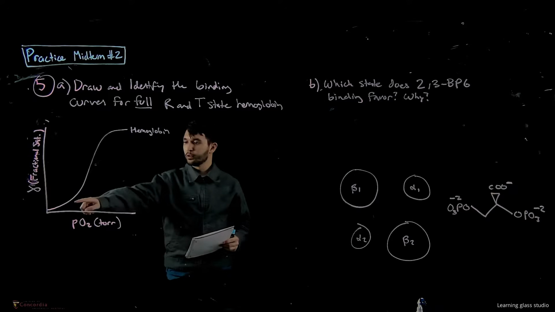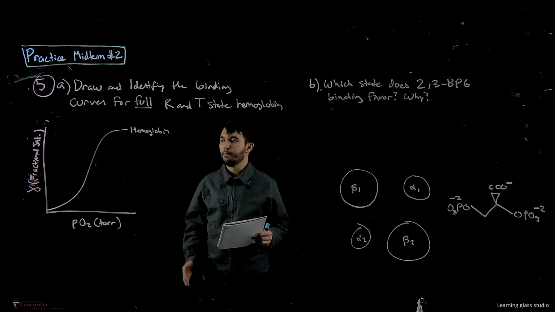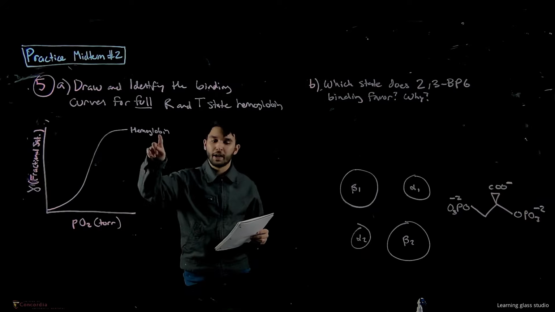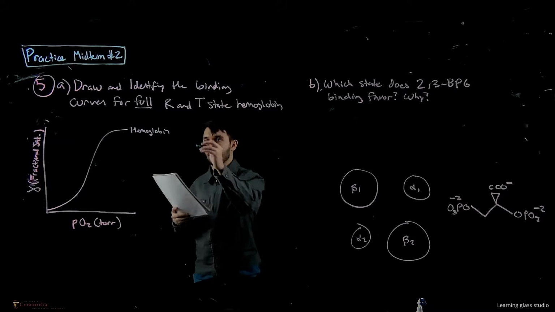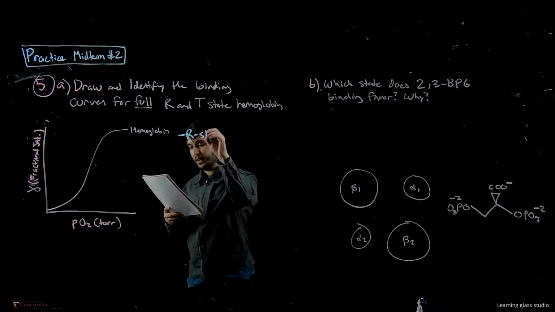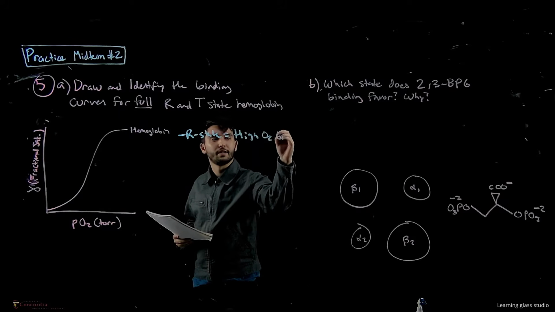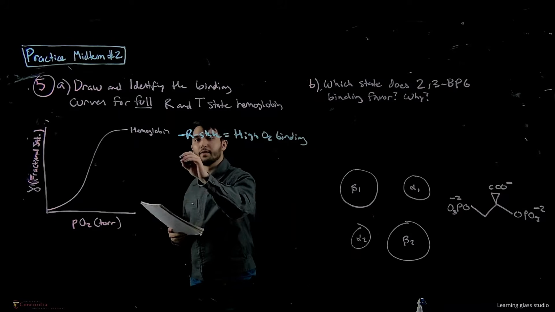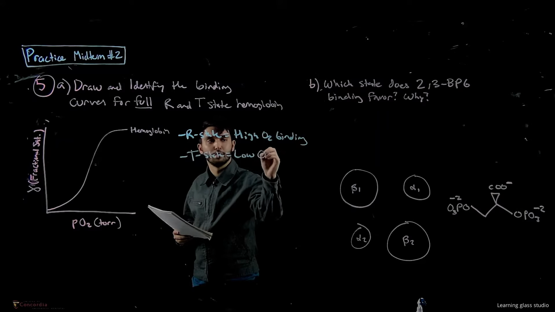Hemoglobin, remember, has 4 subunits, and the more oxygen that binds, the more likely it is to bind more oxygen. This is due to the conversion between R state and T state. We know that R state equals high O2 binding affinity, and the T state has low O2 binding affinity.